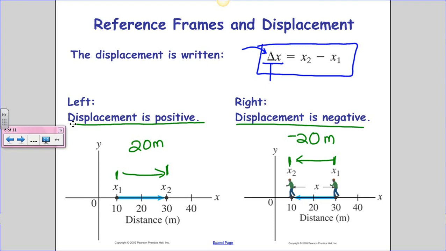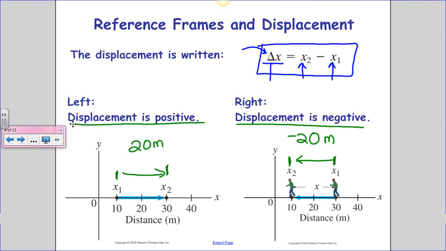X here means position. So the change in position. And in order to solve for the displacement or the change in position, you take the final position and you subtract the initial.